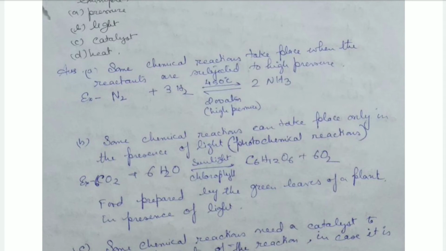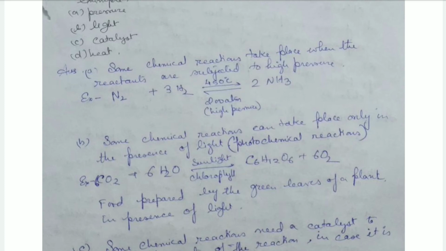The plant makes food, that is starch, and the glucose that is made by the plant is formed by the photosynthesis process, that is in presence of sunlight and chlorophyll. Carbon dioxide is absorbed by the plants along with the water.